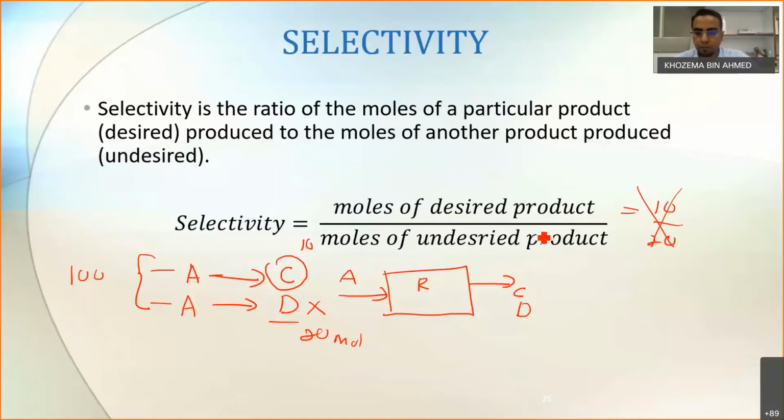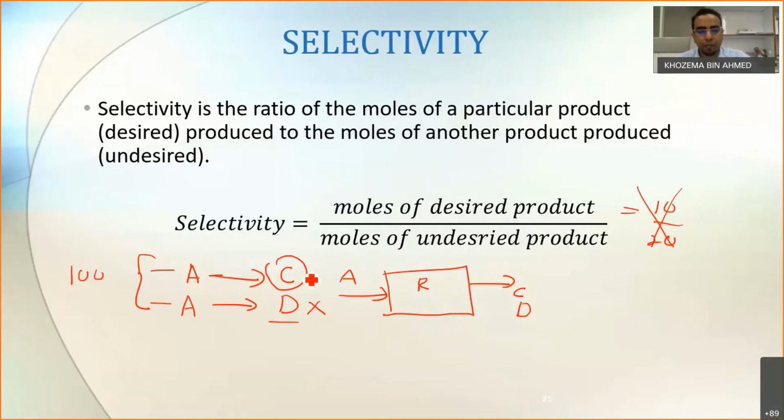Usually we want the selectivity value to be greater than 1. If I find that selectivity is not good, sometimes I can change the reactor setup, the operating condition, or the catalyst, or add some other materials to make sure that my A is converting into C.